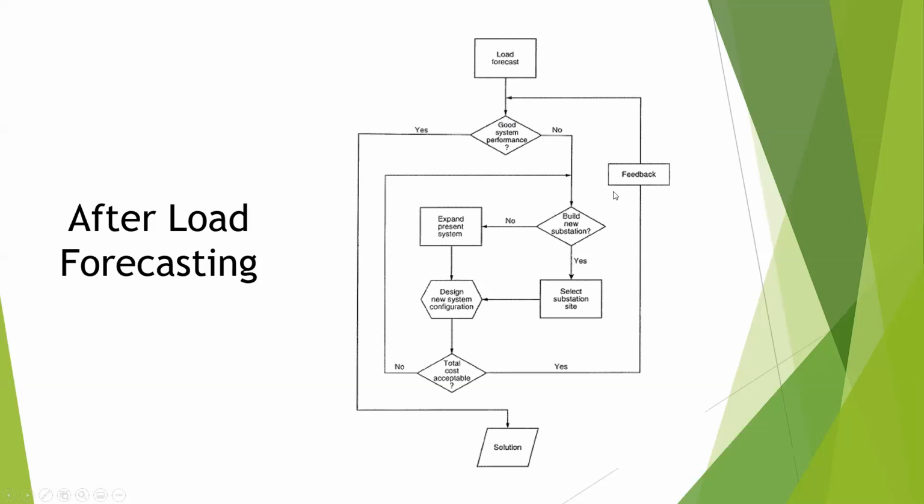In here you have some additional steps like building new substations. You will see why we need to build new substations: the voltage drop will increase when there is a very remote load, so to supply those loads we may have to build new substations. In this lecture we are not going to discuss them. We are only going to do the design.